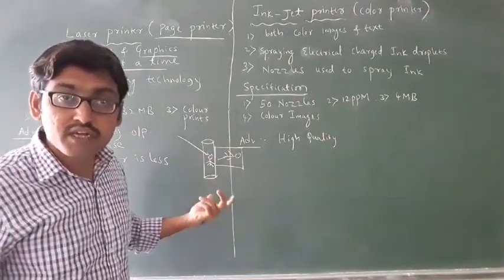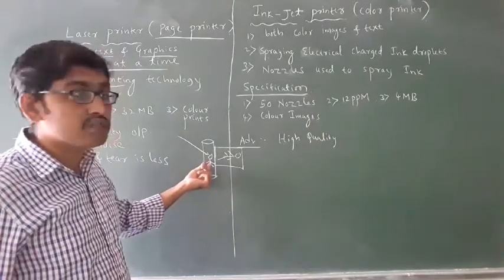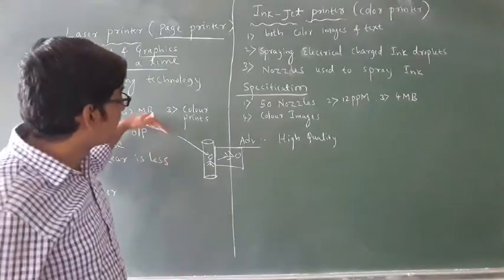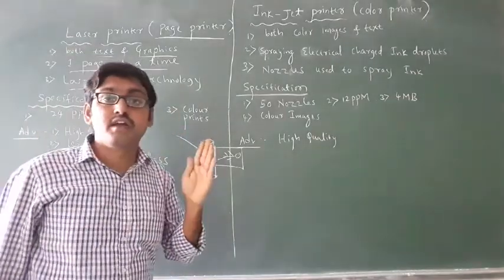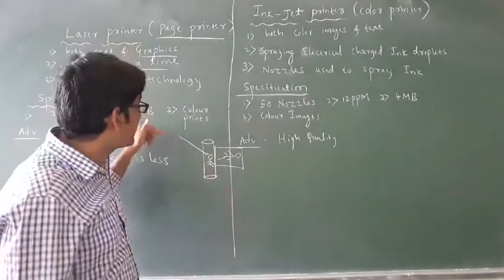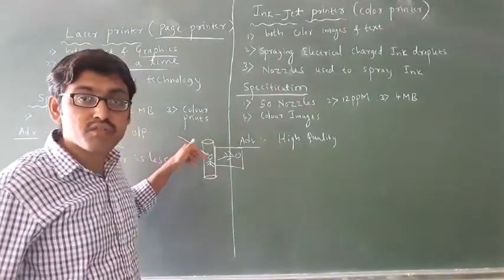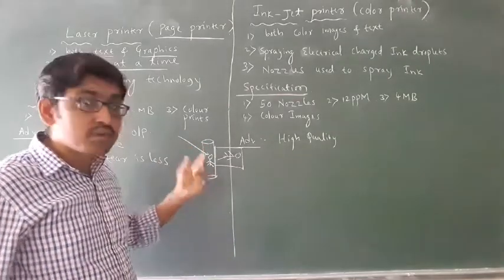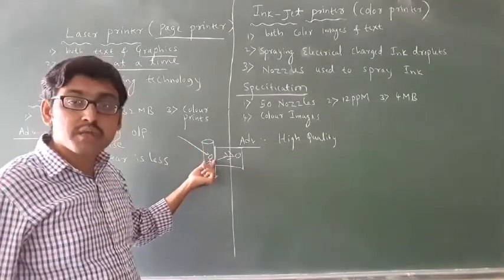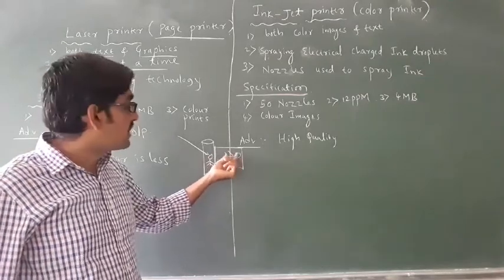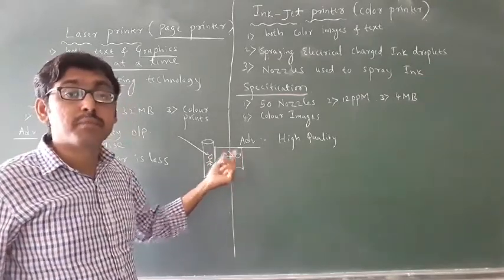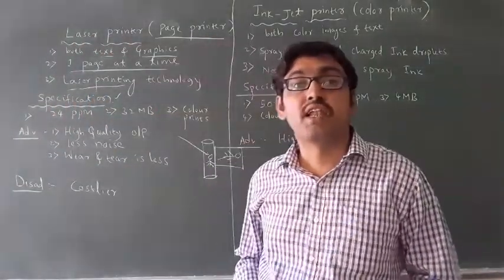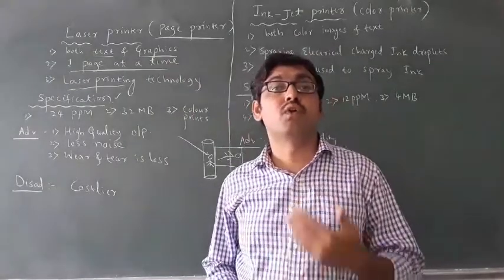When the drum rotates, automatically the images are transferred to the paper. Like this it will work. It's very easy. Laser printing technology means the laser beam falls on the drum and creates an image on the drum. The drum rotates, and whatever image is on the drum is produced on the paper. That's why we use laser printing technology here.